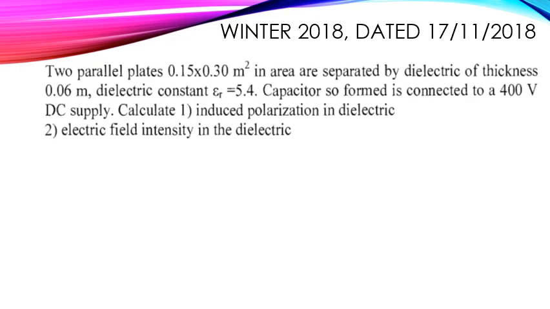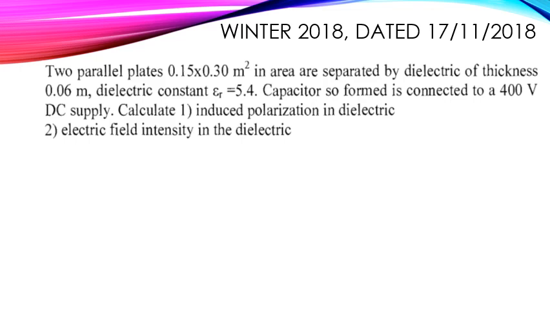Now let us see the next question of end semester examination of year 2018, and that is of dielectric materials. So the question is, two parallel plates 0.15 multiplied by 0.30 meter square in area are separated by dielectric of thickness 0.06 meter.